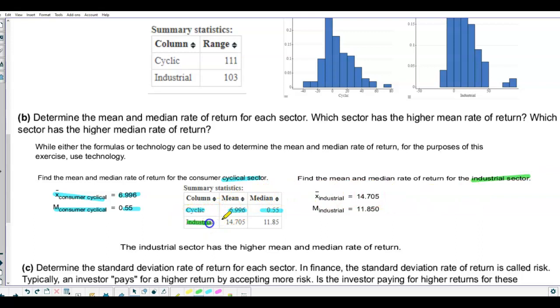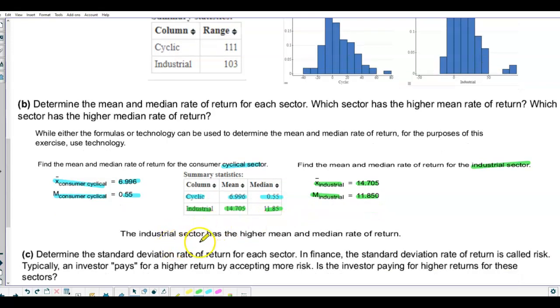For the industrial sector, we have a sample mean of 14.705 and a median of 11.85. So the industrial sector has the higher mean and median rate of return according to our data.